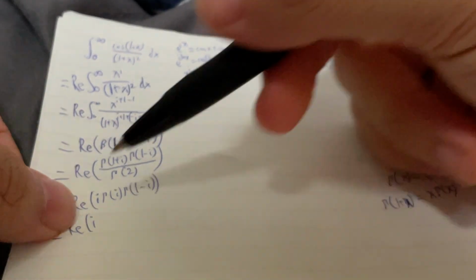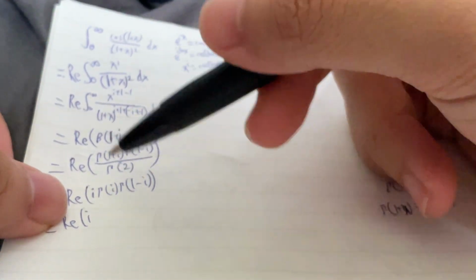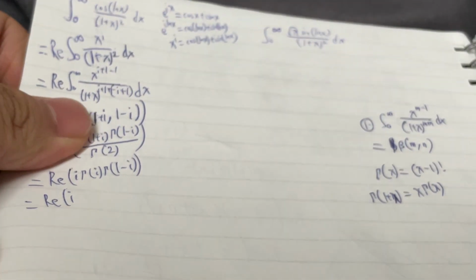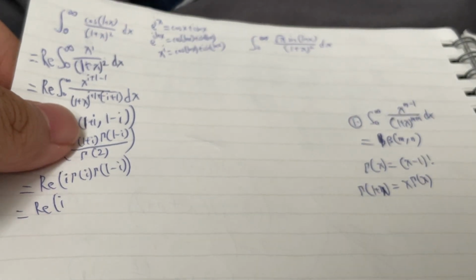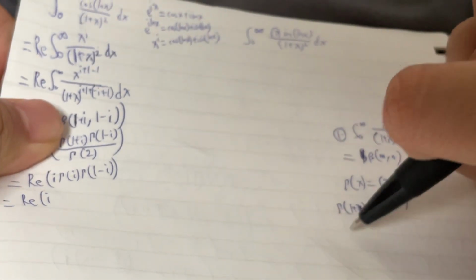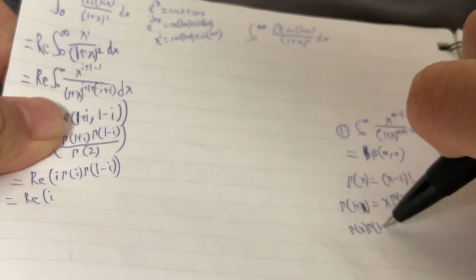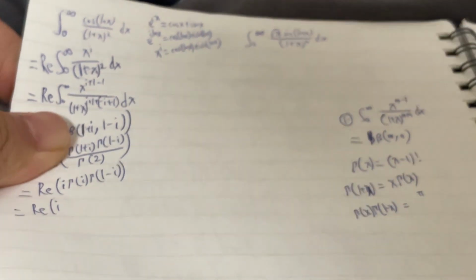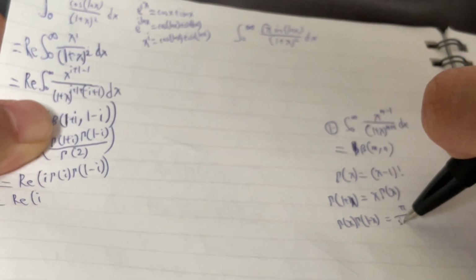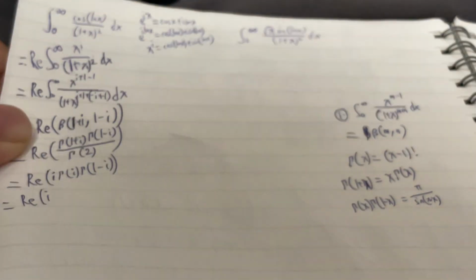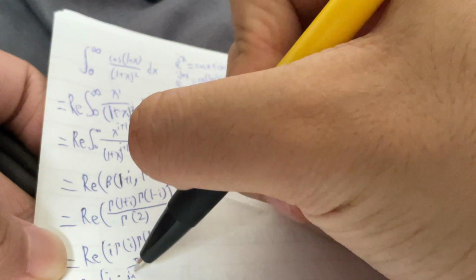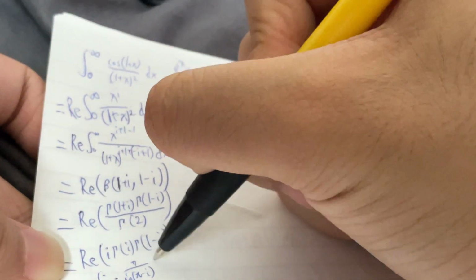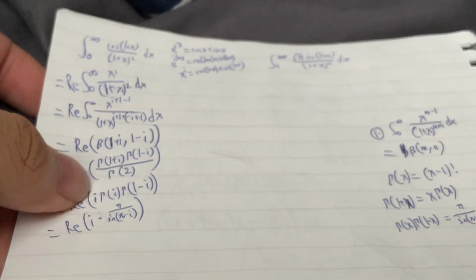So here's the deal. Gamma of x times gamma of 1 minus x. This is also a really famous formula. This is called the Euler reflection formula, which is gamma of x times gamma of 1 minus x equal to pi divided by sin of pi x. So replace this with pi divided by sin of pi times i, because our x is just an i here.